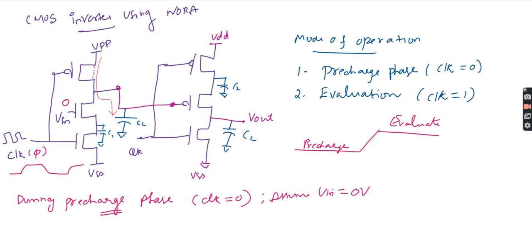Because it is a synchronous clock, when the clock is equal to 0, this one also will be on, correct? If it is on, what will happen? The VDD will flow until here, you can see. When the VDD flow has completely charged it, how much voltage will be here? Around 5 volts, correct?